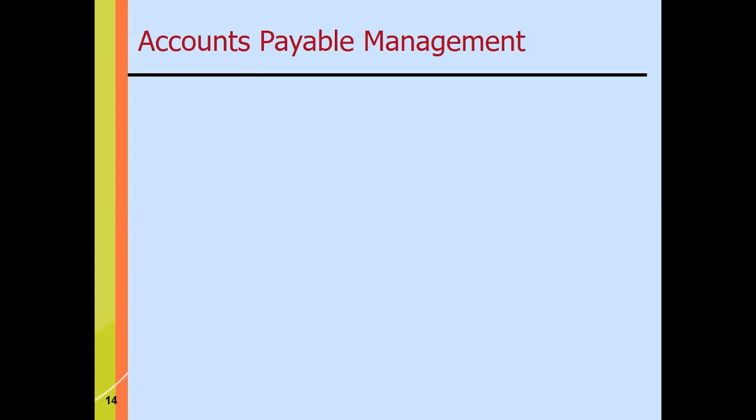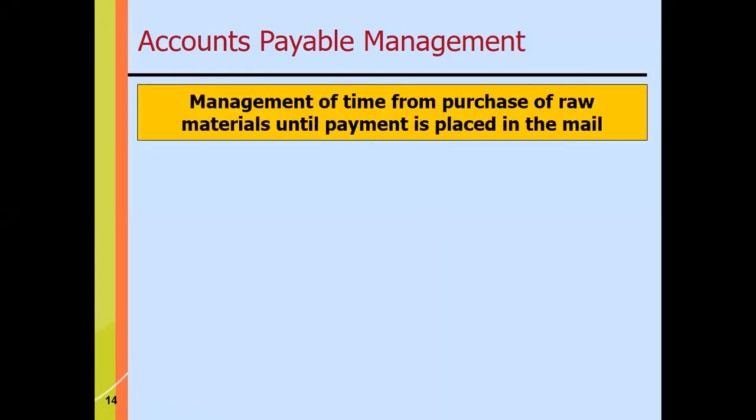Accounts payable management would involve certain items as follows. First is the definition. This would involve the time from purchase of raw materials until payment is placed in the mail by us, the buyer or the customer or client, to the supplier, or basically us, the payor, and the supplier, the payee, as explained in the previous video, payor versus payee.